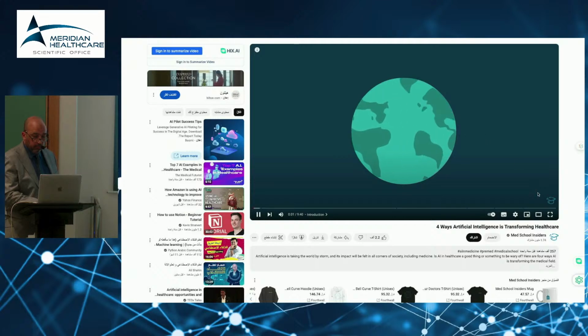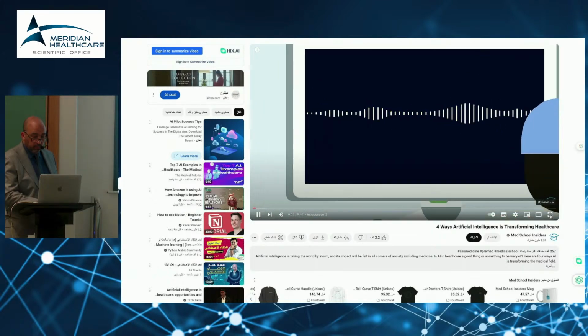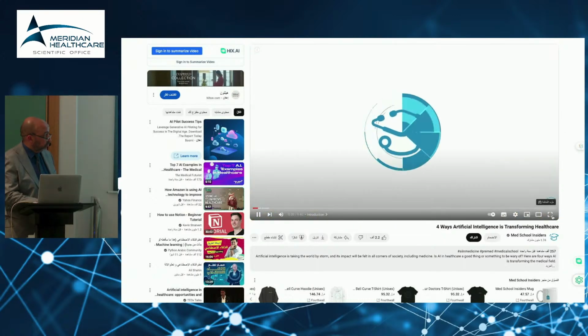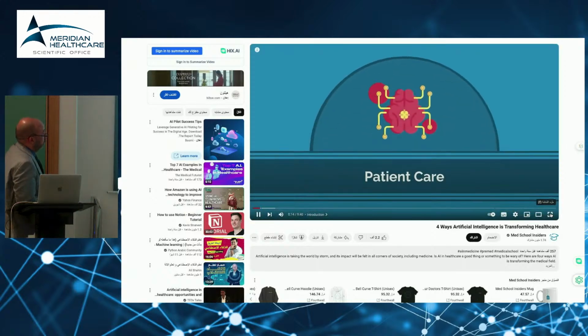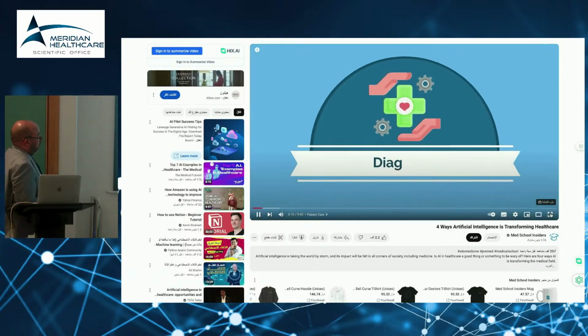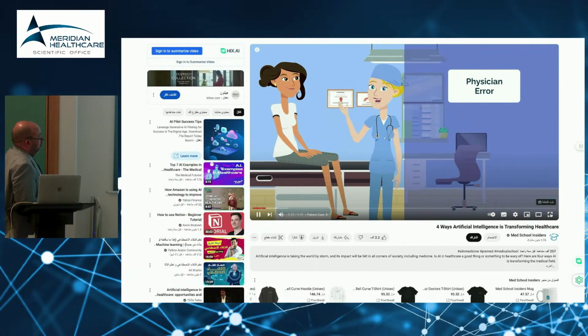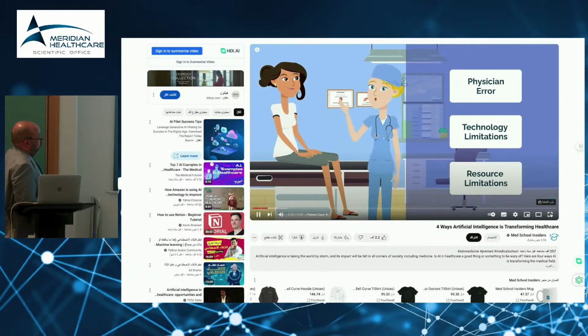Artificial intelligence, or AI, is taking the world by storm, and its impact will be felt in all corners of society, including medicine. Here are 4 ways AI is transforming the medical field. Dr. Jubal, MedSchoolInsiders.com. The first way AI is changing medicine is by assisting with diagnosing and treating patients. Misdiagnosing a disease happens relatively infrequently, but it can occur due to factors such as physician fatigue, errors in diagnostic modalities, or limited resources in underprivileged areas.